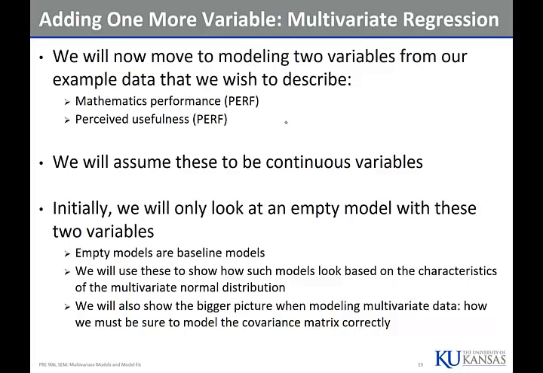And right now we're going to look at this empty model because it will give us a baseline, tell us how much variance there is for each variable and the covariance between them, which when we add predictors, we'll go on to talk about proportion of variance accounted for. This is the baseline for that. We'll also be able to talk about how these look based on the characteristics of this multivariate normal distribution, tying last week's matrix material with this week's Lavaan.